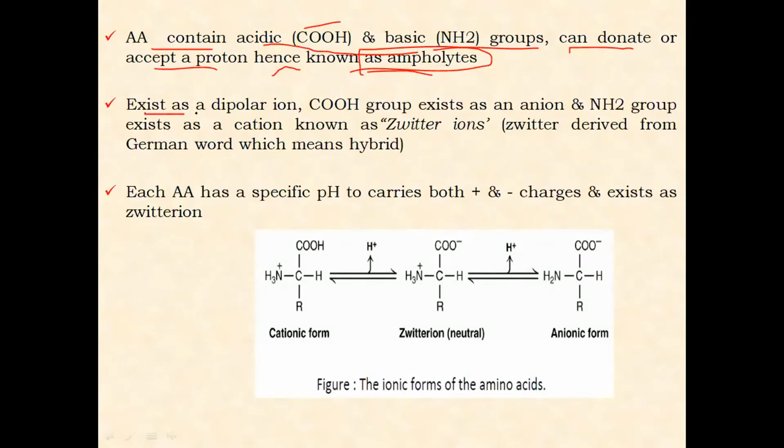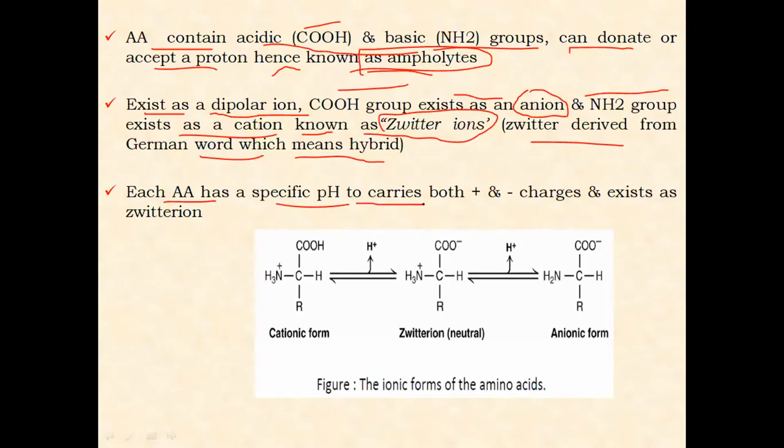Also, amino acids exist as dipolar ions. The carboxylic group exists as an anion with a negative charge, and the amino group exists as a cation with a positive charge, and these two are known as a Zwitter ion. Zwitter is derived from a German word which means hybrid, because the cation and anion exist as a hybrid. Each amino acid has a specific pH at which it carries both negative and positive charges and exists as a Zwitterion.